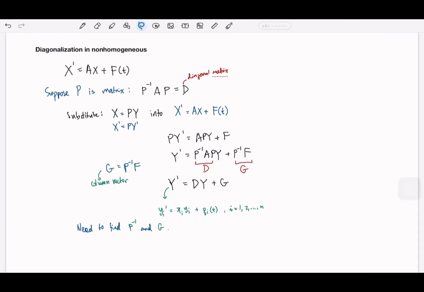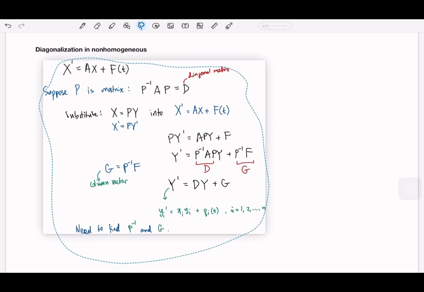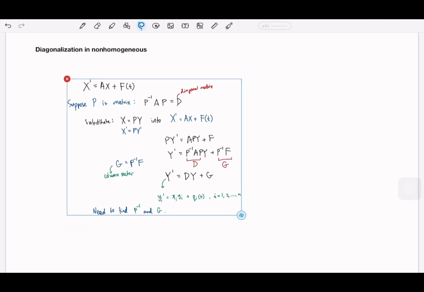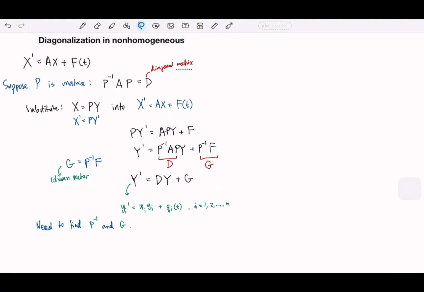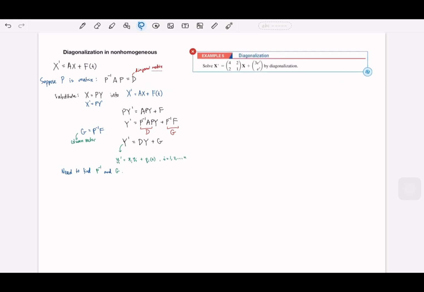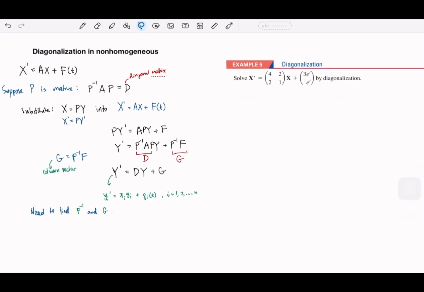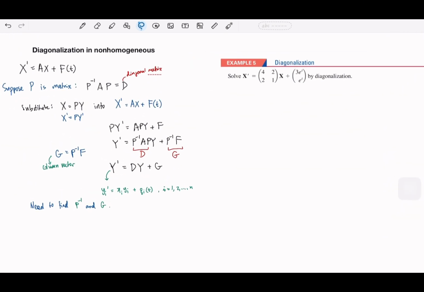Let me write on the right side here to give you a clear result. Okay, so suppose that we have this example here. Solve x prime equals the matrix 4 2, 2 1 times x plus 3e^t, e^t by diagonalization.